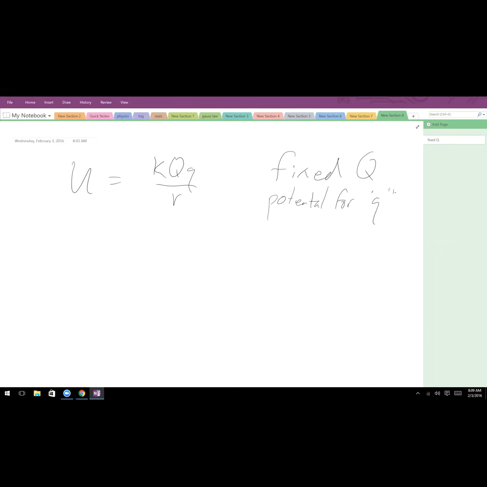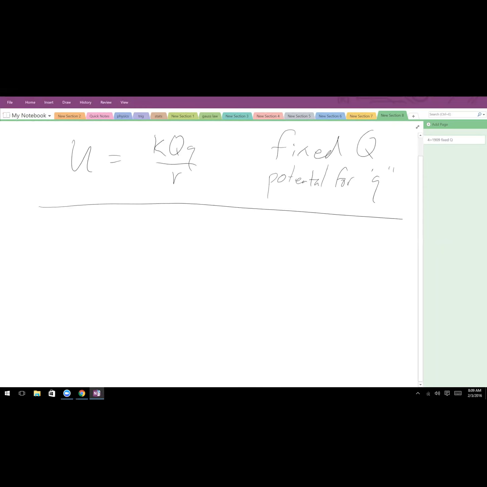Another one that goes along with that, it's the exact same formula. If you want to do the potential for a charge configuration, so basically the idea is you want to build some particular shape out of charges or whatever.